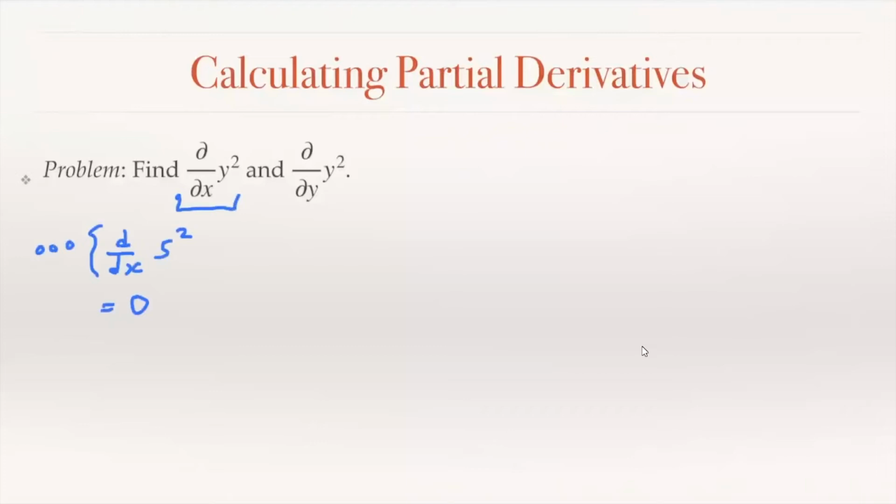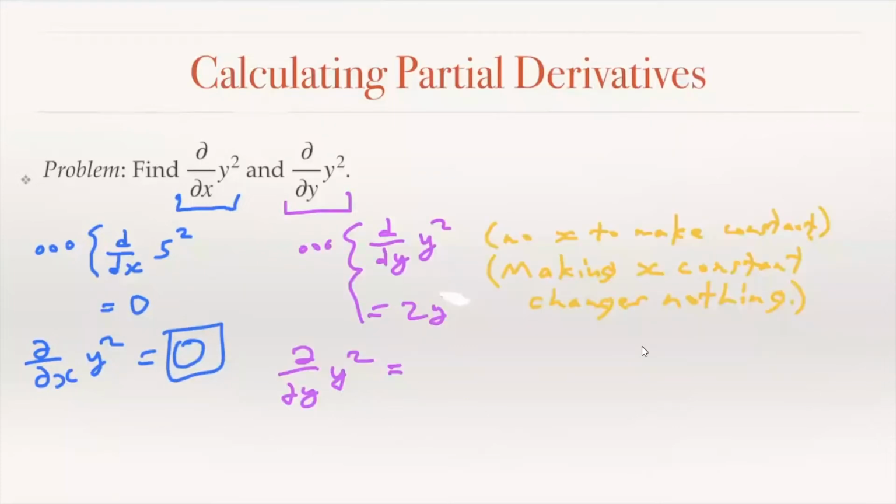So that's exactly what this is. Del x of y squared is 0. While this guy, that would be d dy of y squared when we make x constant. There is no x to make constant in this, so making x constant, to imagine it, changes nothing. And that would be 2y. So therefore, del y of y squared is just 2y.